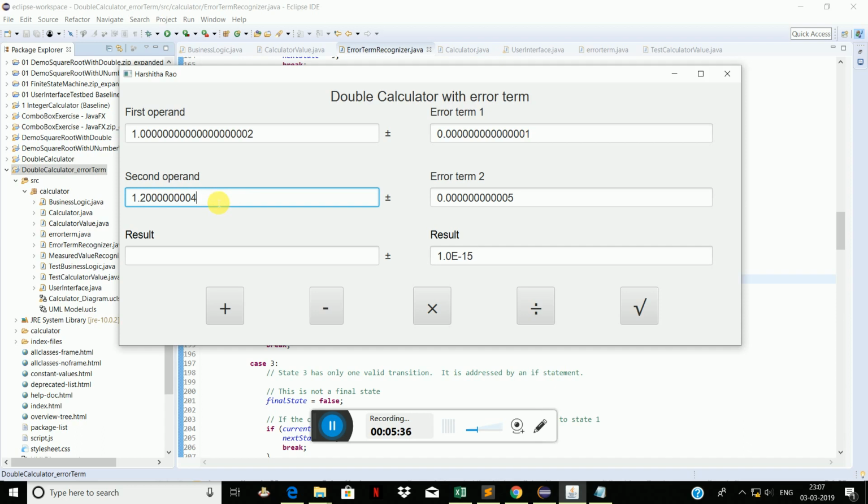As you can see, this is where the value is not accepted by the calculator, and error messages are shown.